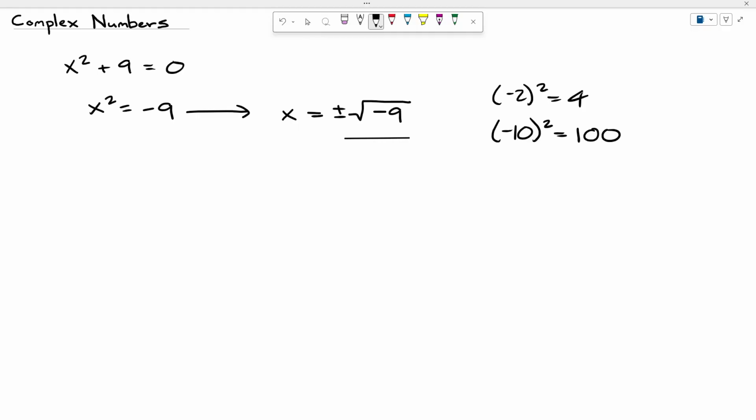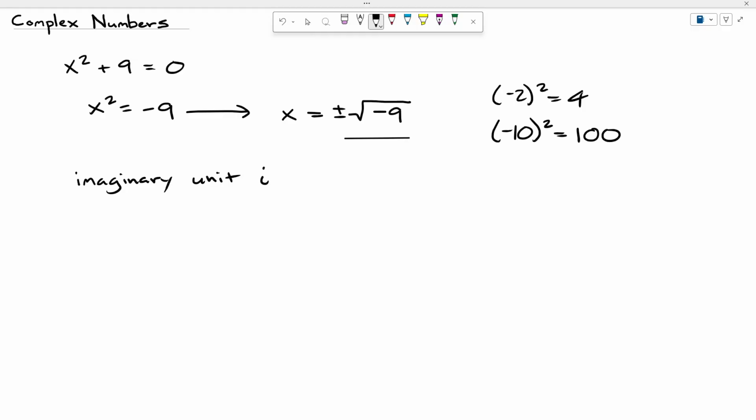So to make it possible to solve such equations, mathematicians invented an expanded number system, which they called the complex numbers. And it started with defining a new number, which they called the imaginary unit i.